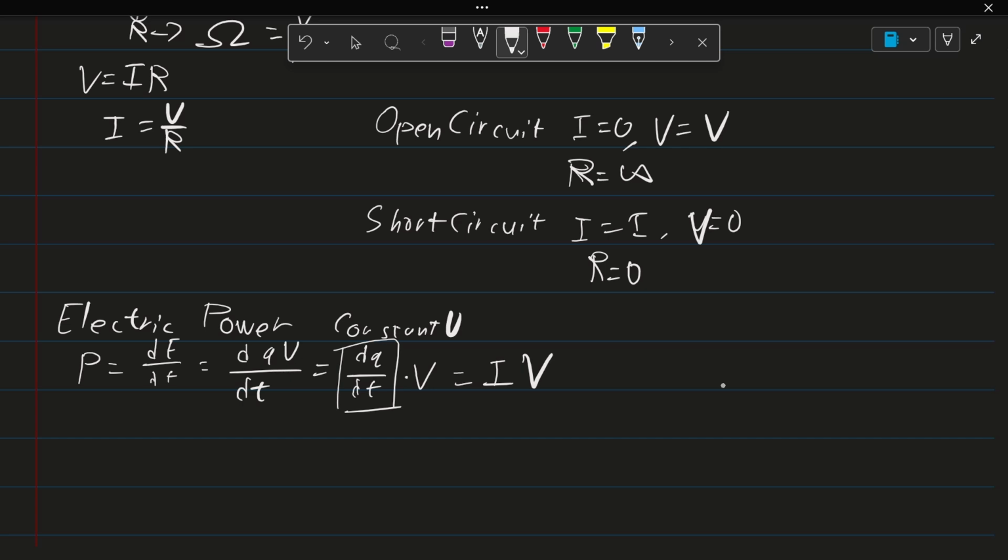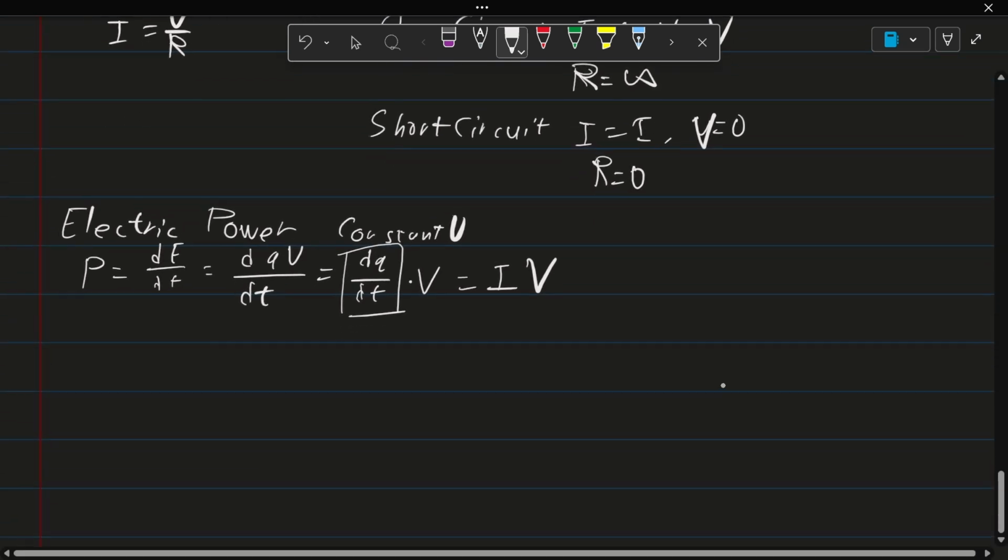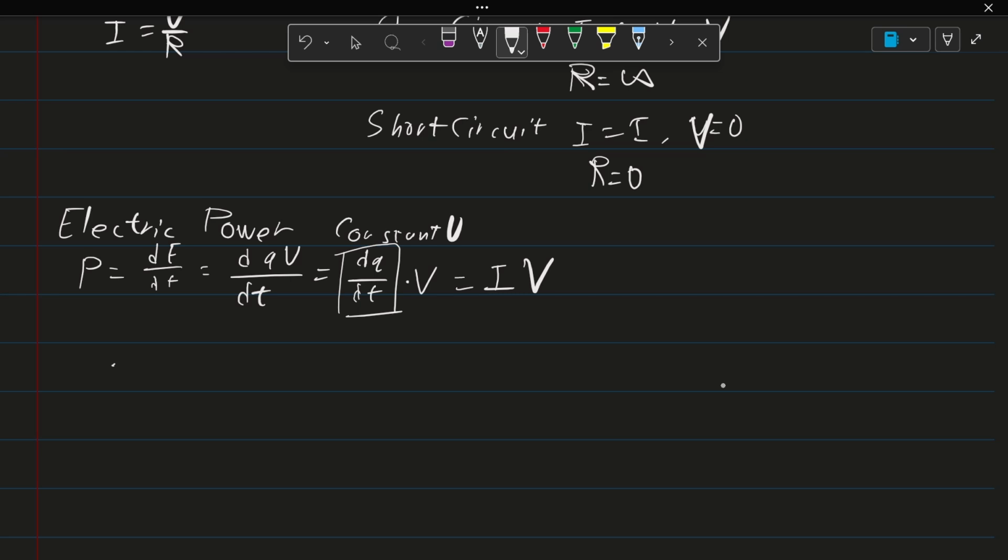So you could write this as I times V for constant voltage anyways. Now, since you know Ohm's law, for ohmic materials, you could deduce that the power could be written as I squared R, or even V squared over R.